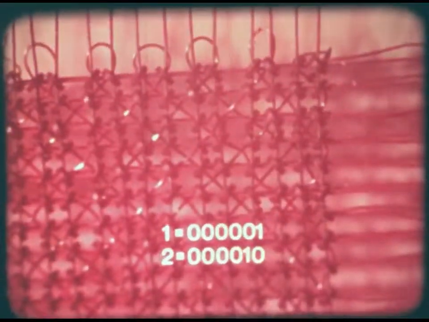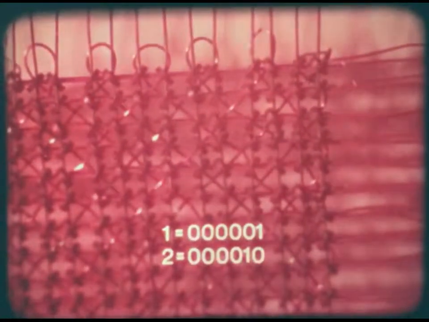For example, the letter A can be represented by 010001, B by 010010, and so on. The numeral 1 can be represented by 000001, 2 by 000010.